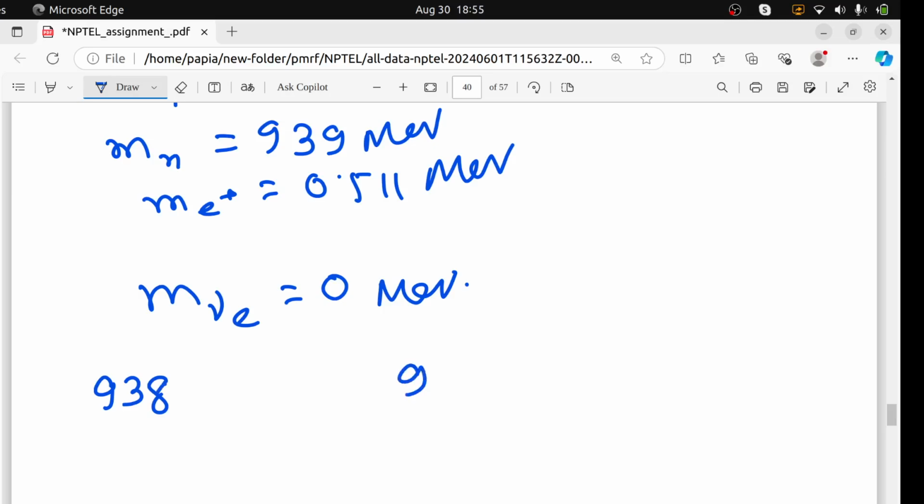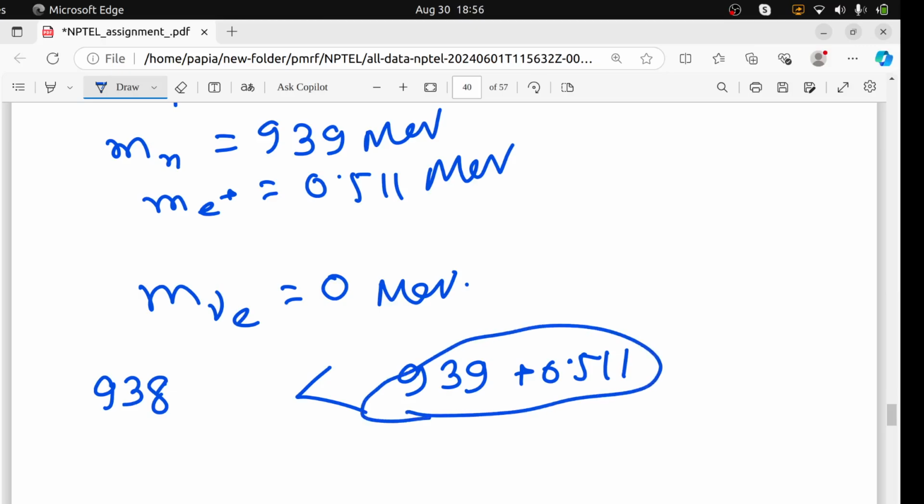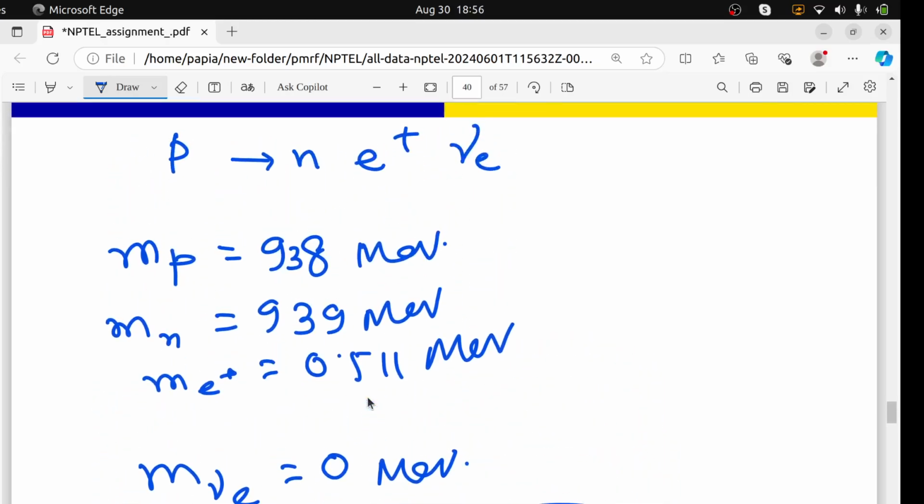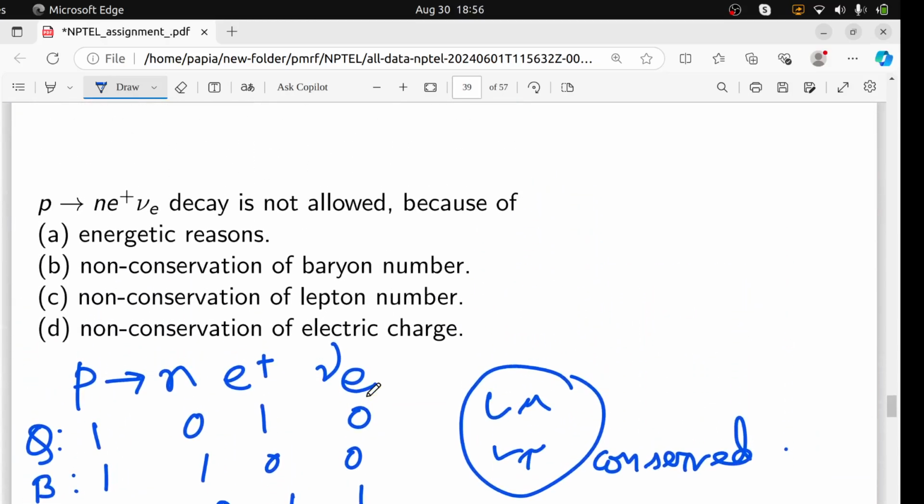On the right hand side it is 939 plus 0.511, which is obviously greater than this one. So as m_p is less than m_n plus m_e plus m_nu e, this interaction is not happening in the rest case, in a rest proton. So the decay is not allowed because of energetic reasons.